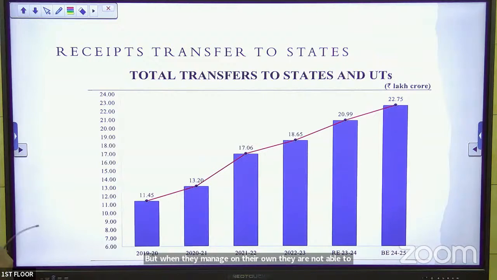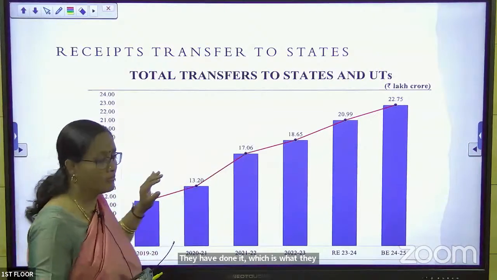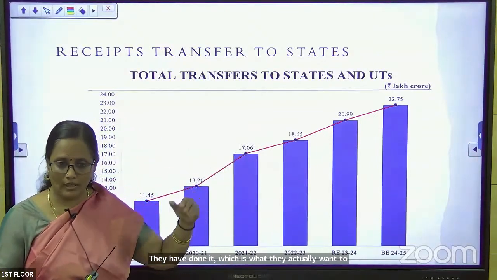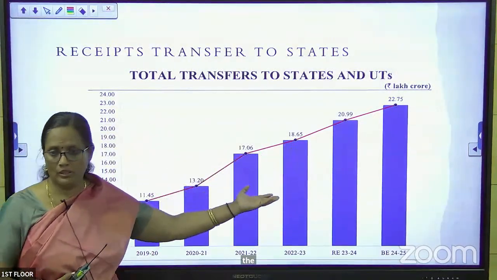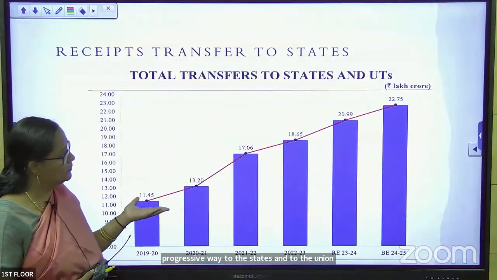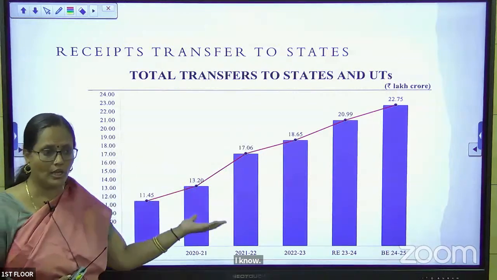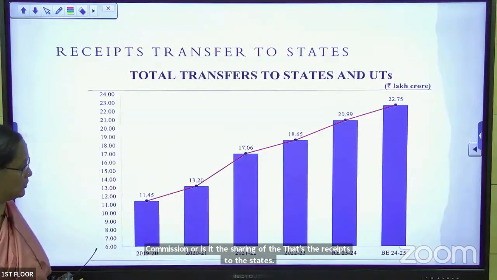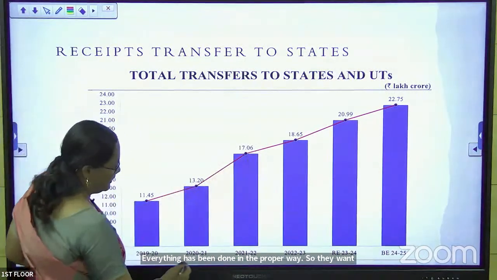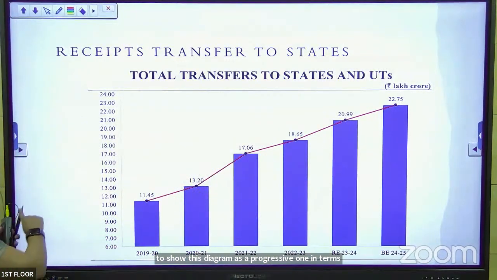It is not that they didn't do the responsibility, they have done it, which is what they actually want to show in the form of this particular diagram, that the tax collections were shared in an increasingly progressive way to the states and to the union territories. And be it the grants, or is it through the finance commission, or is it the sharing of the tax receipts to the states, everything has been done in a proper way. So they want to show this diagram as a progressive one in terms of sharing of money with the states.